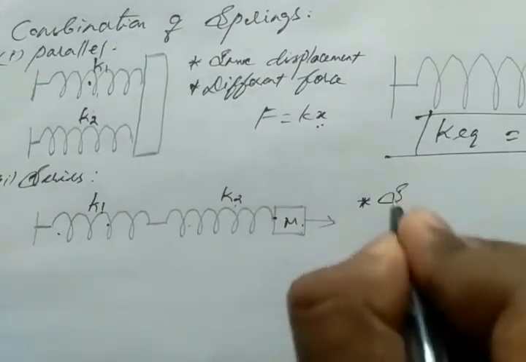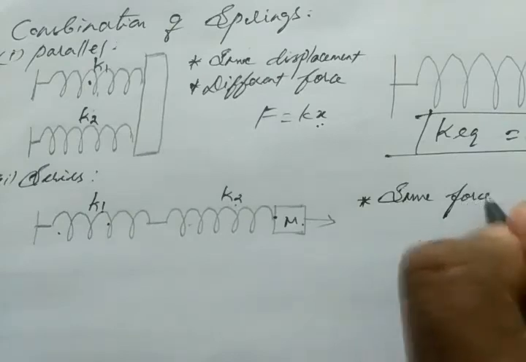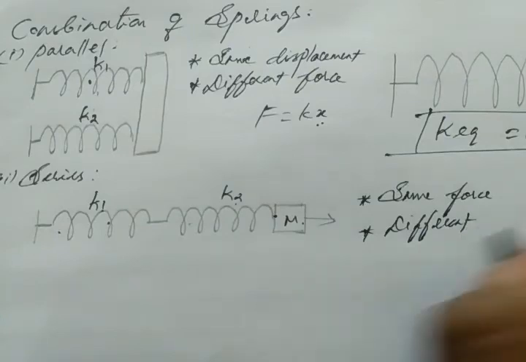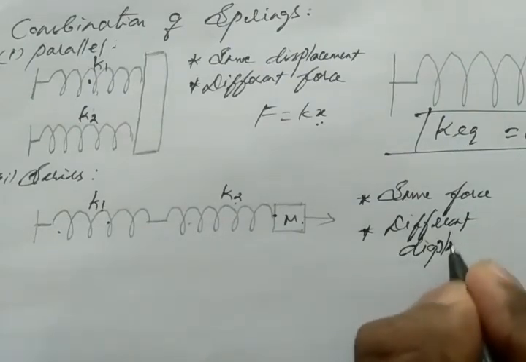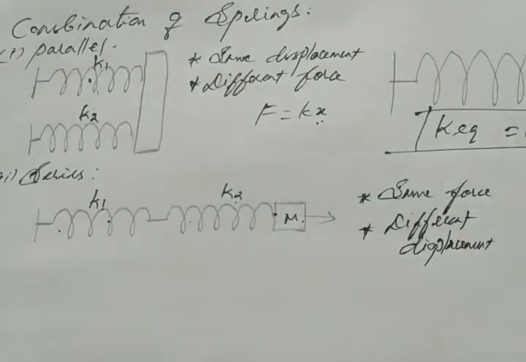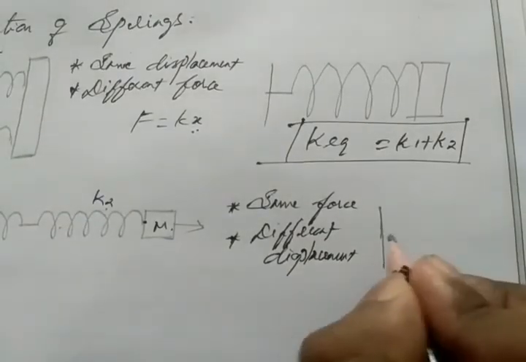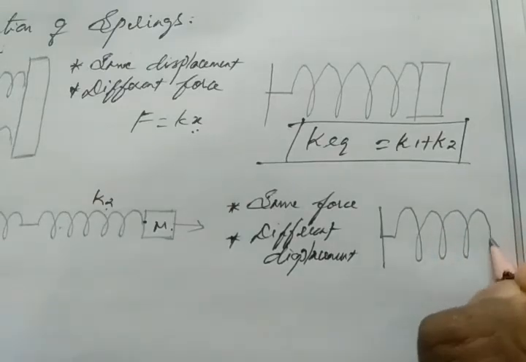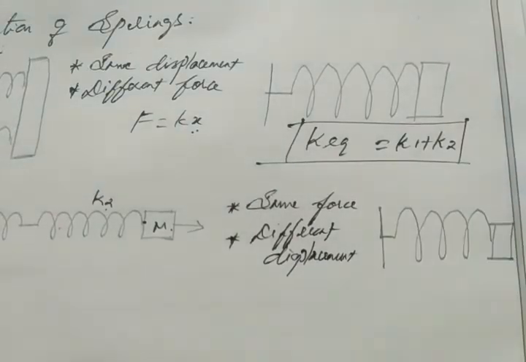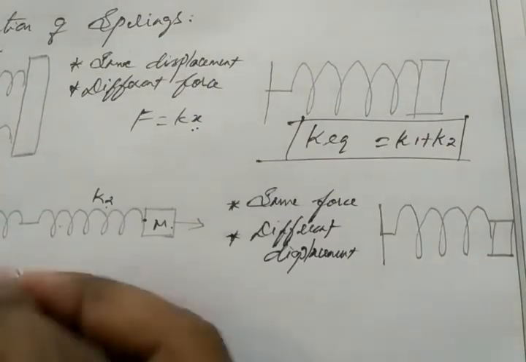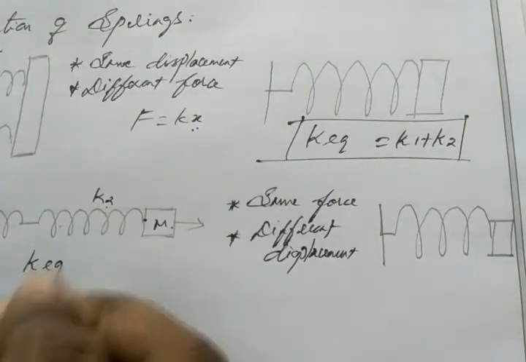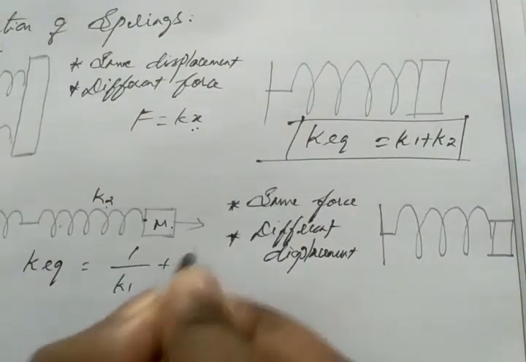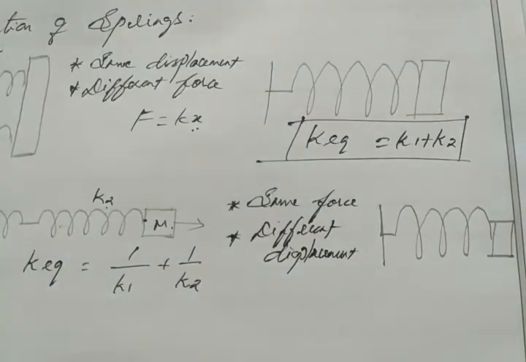equal force, or we can say same force, but different displacement. So here the net value K equivalent will be equal to 1 by K1 plus 1 by K2.